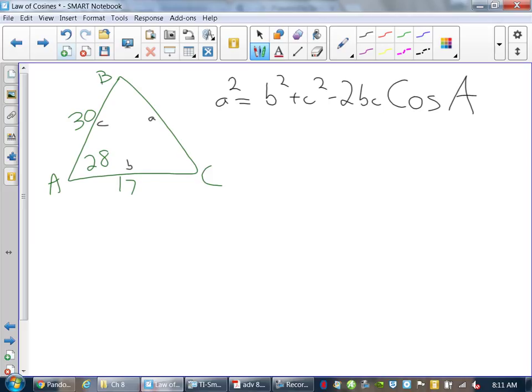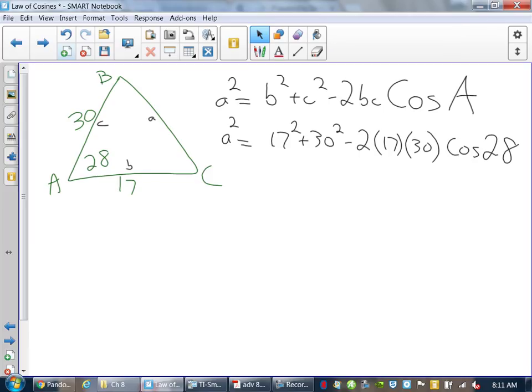Once again, fill in the blanks. As you fill in the blanks, you're going to get little a squared is 17 squared plus 30 squared minus 2 times 17 times 30 times the cosine of 28. You type the whole thing through.